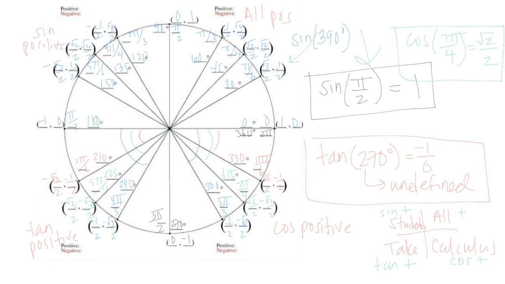Remember, we already established that coterminal angles land in the same spot, so they have the same trig values. So sine of 390 degrees would be the same as sine of 30 degrees, because 30 degrees is coterminal. And then you would just look at 30 degrees, y value, okay, that's 1/2. So that's how you could use it for coterminals.